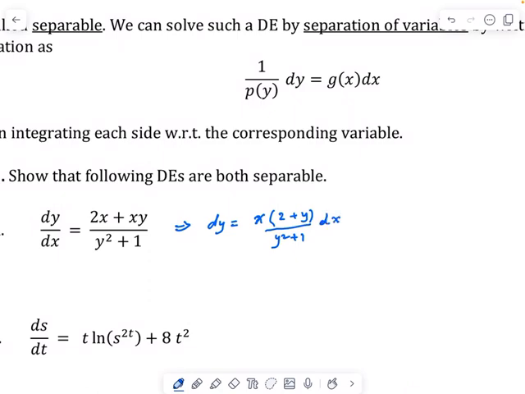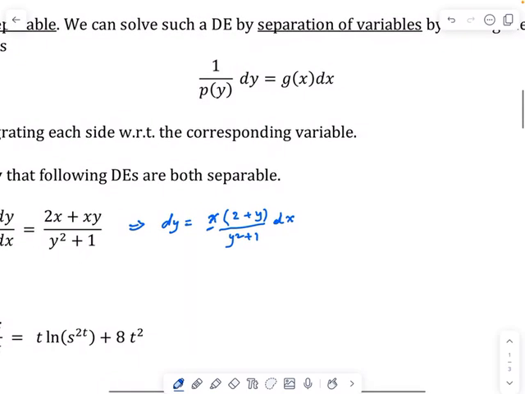So you see now we have the function of x, just x. We can keep x here and take this whole function of y on the other side. So it will be reversed. You will have (y squared plus 1) over (y plus 2) dy equals x dx.